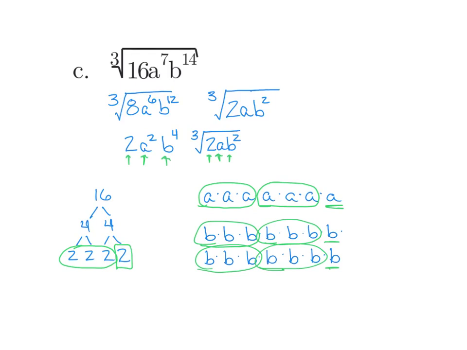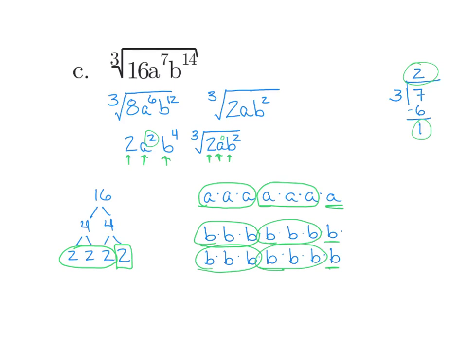The other thing that you can do is, as I mentioned, roots are where we divide exponents. If we look at our exponent of 7, 7 divided by 3. 3 goes into 7 2 times. We get a remainder of 1. 2 becomes my outside exponent, and 1 becomes my inside exponent.